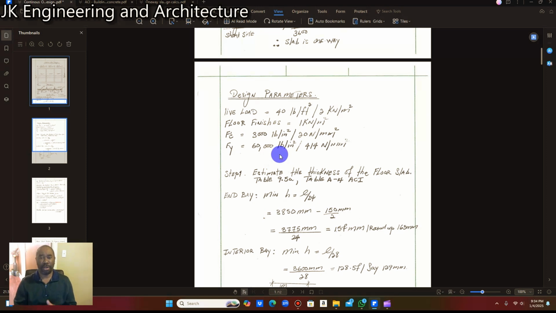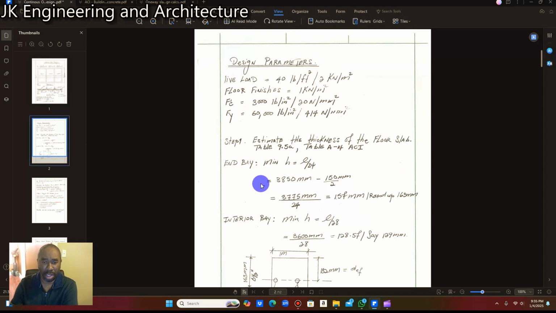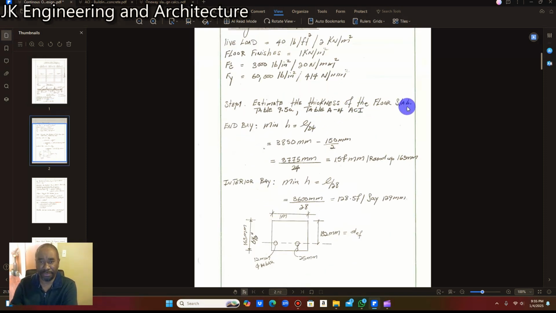All right, so the first thing we want to do, we want to estimate the thickness of the floor slab. So for the minimum height, we're going to have L over 24 for end bay, and for our interior bay, we're going to have L over 28. So let me show you where I get that from.